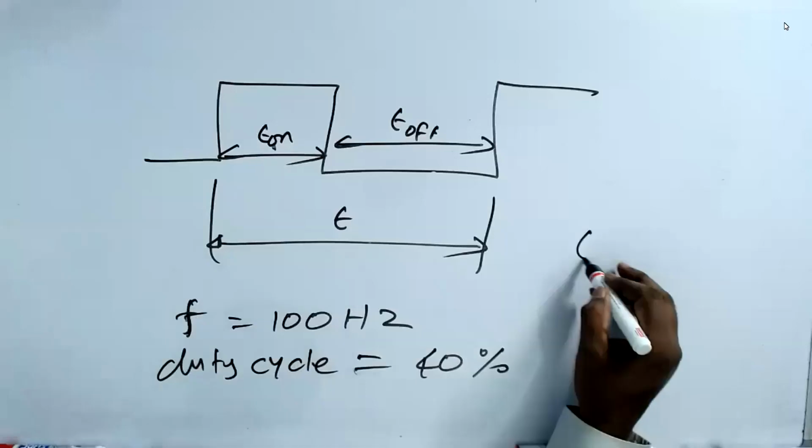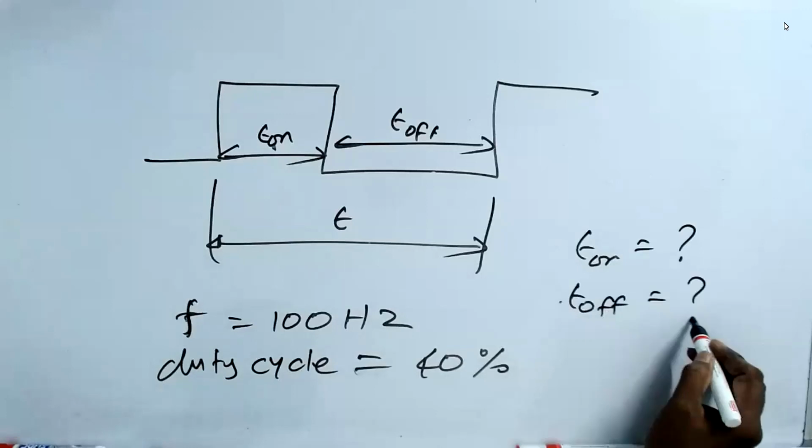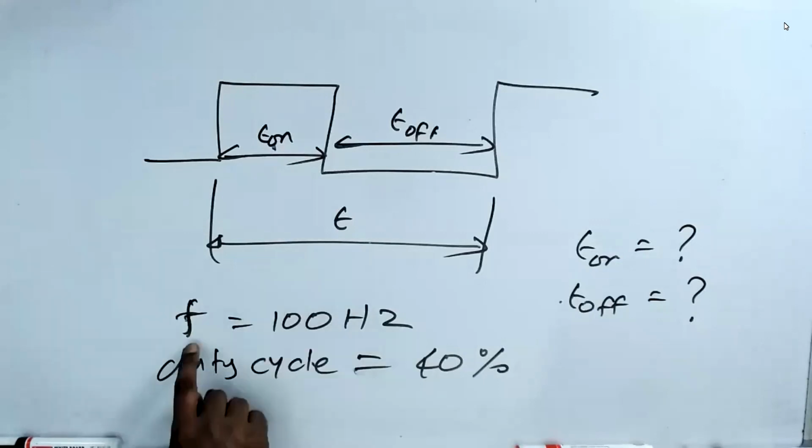T off is equal to how much? I give you only these two pieces of information: F is equal to 100 hertz and duty cycle is equal to 40%. Then what is T on? What is T off?